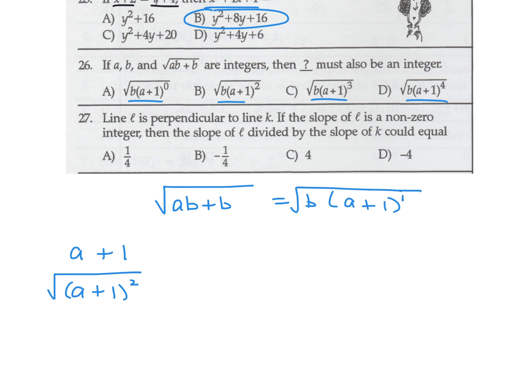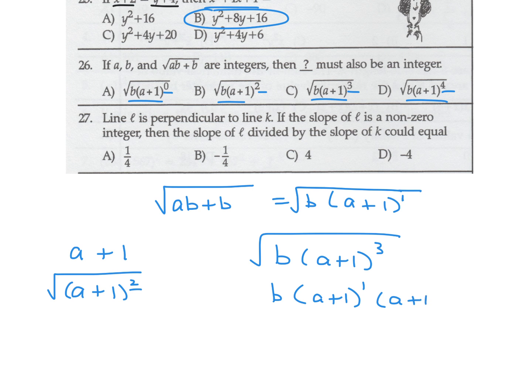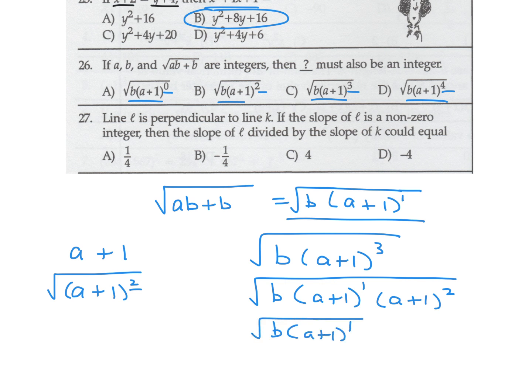They're all different. This is 0, this is 2, this is 3, this is 4. So I'm trying to get 2. Since we already have 1, let's go with the one that's a 3, because I think I could combine those. So first I'll break it up into a plus 1 to the power of 1 and a plus 1 to the power of 2. And that way we get this guy right here. So we break that up, and then we just have this one, a plus 1 to the power of 2.